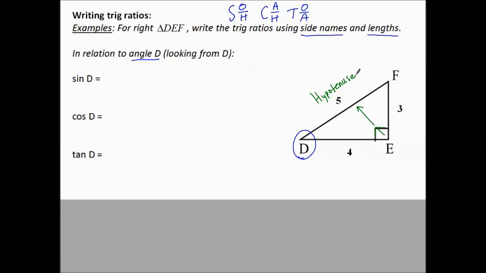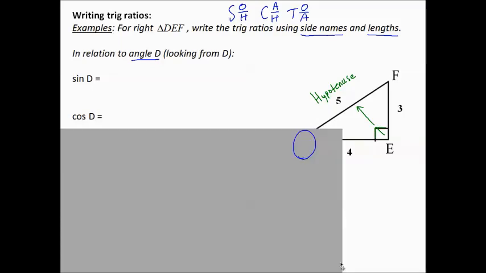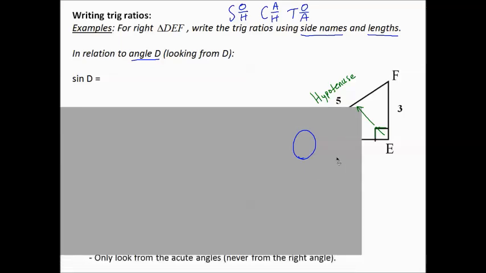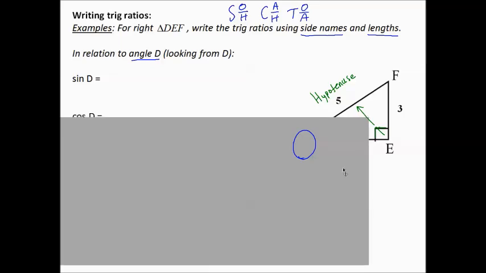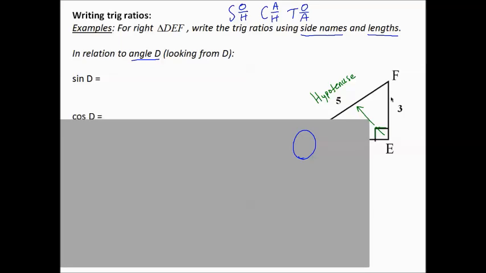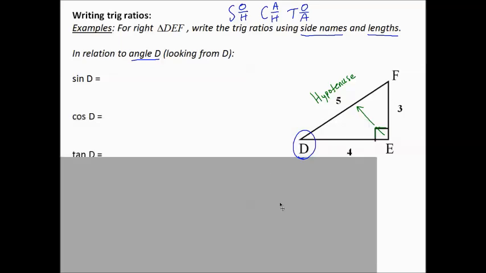Then from D, we want to know opposite. Well, opposite means across the triangle, not touching D. If we were to cover up D, the side that we still see that's not covered up is side EF. So that one is opposite.